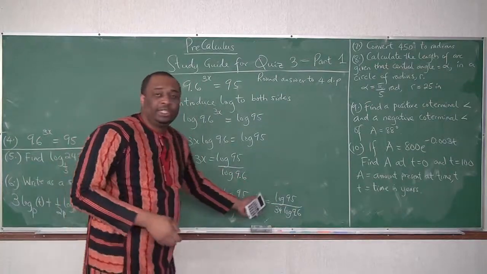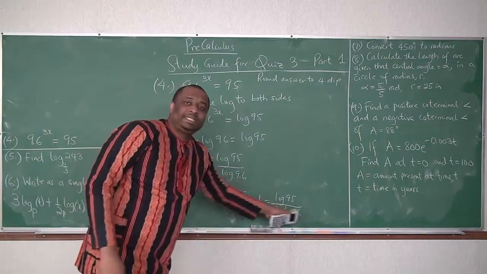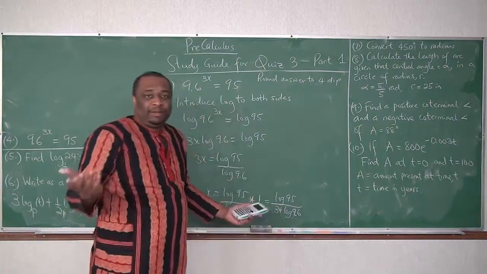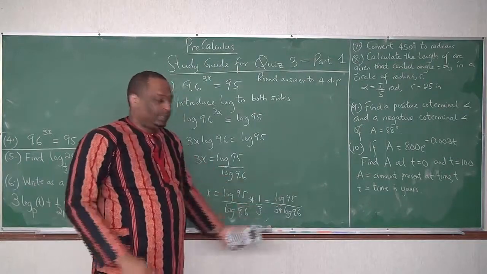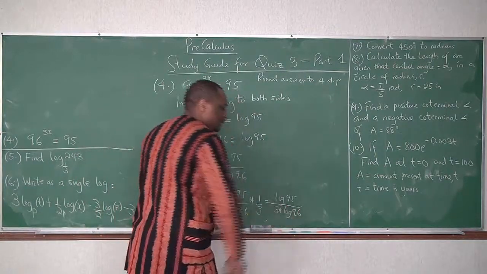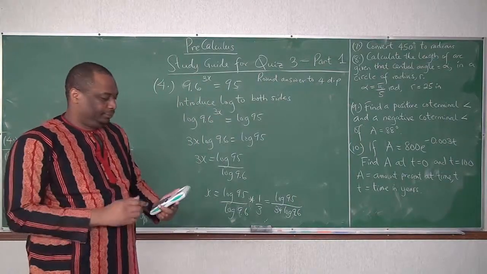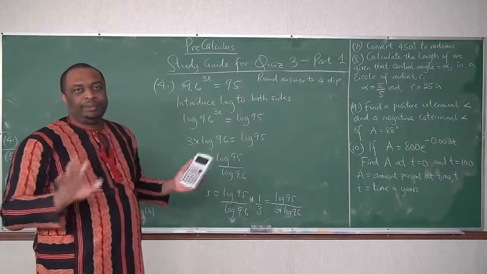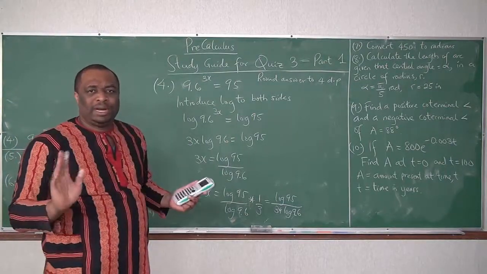Some calculators you can just put this right away and it will give you the answer, but you might need to put parentheses. Otherwise, just do it one at a time. In fact, I will encourage you to do it one at a time.